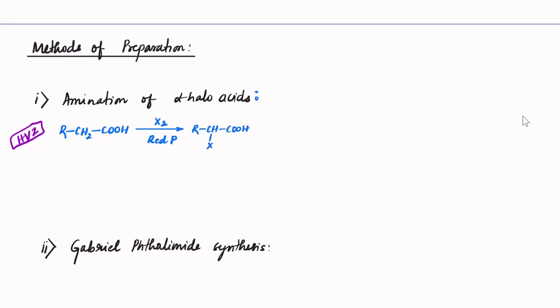Through the HVZ reaction, we get RCHX COOH. If I react this with ammonia in aqueous medium, it will replace X with NH2, and here it will form a salt, COO minus NH4 plus.